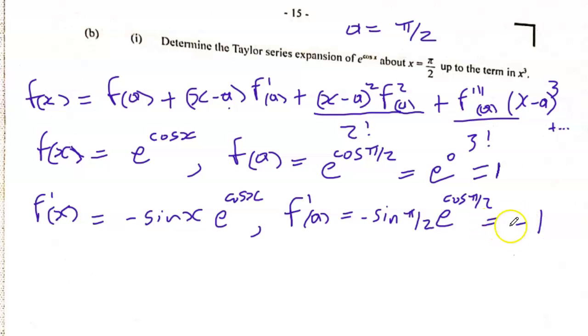Next, second derivative. Of course, we apply the product rule. If I'm using the product rule, I'll differentiate negative sine x first. I'll get negative cos x, and then leave e to the cos x alone.